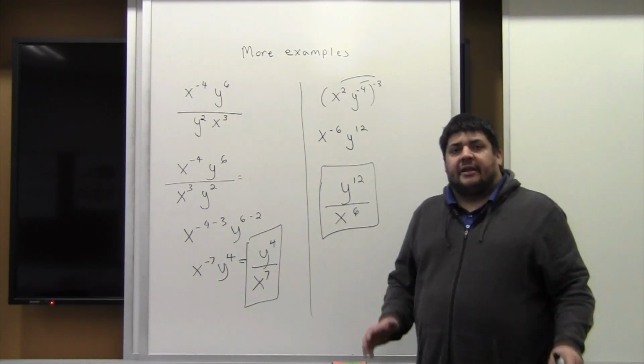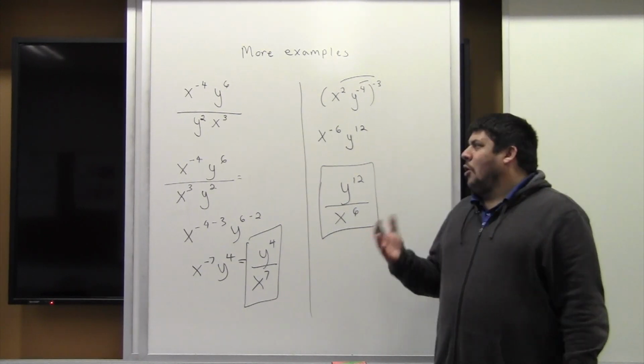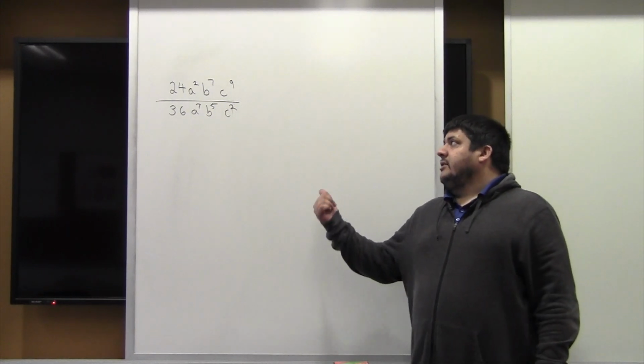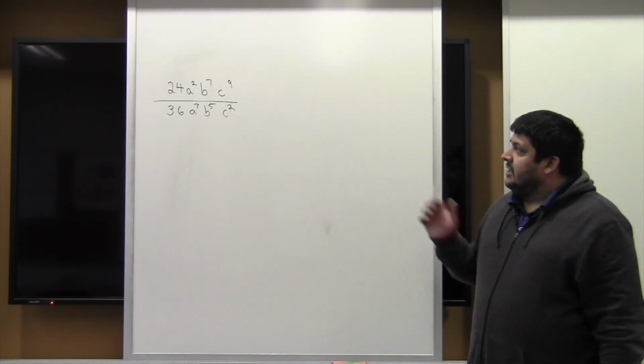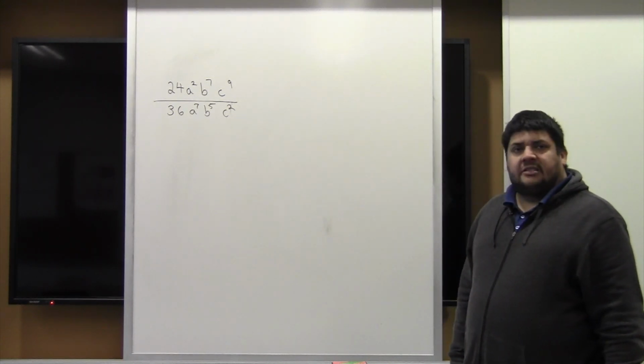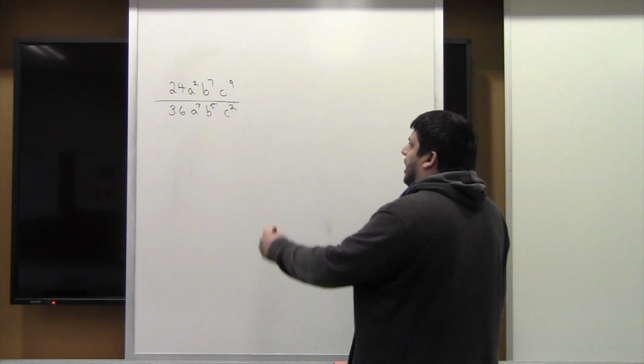Now let's go into one that's even more complicated than this, or looks more complex. They're all basically the same thing. Okay, so here's an example. Has a lot more going on, but let's see what we can do to make this simpler. Well, I can break this up.